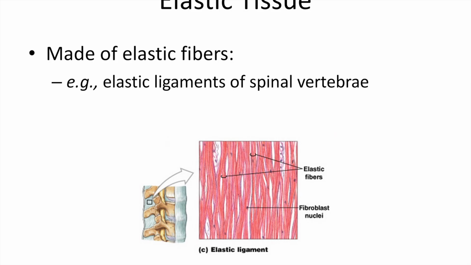Elastic tissue is going to have the similar fibroblast, but instead of having collagen fibers, it's going to have elastic fibers. And for example, you find this making up more elastic ligaments, like the ones between the spinal vertebrae. These allow for more stretch.